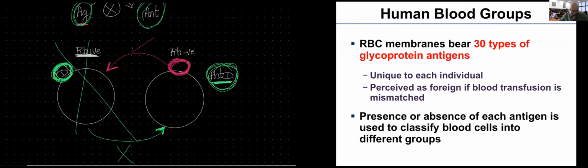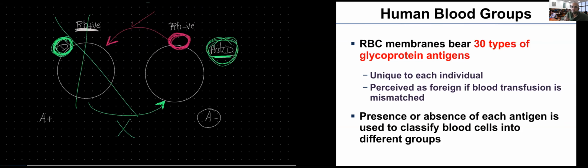So if you are somewhere where you don't have access to blood, for example, and you've got a patient with blood type A negative, and a bag of blood which is blood group type A positive. The patient here did bleed a lot and he needs a blood transfusion.